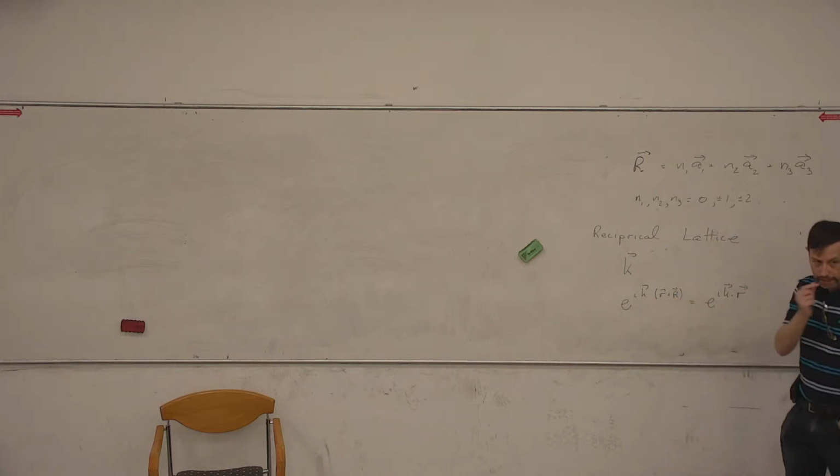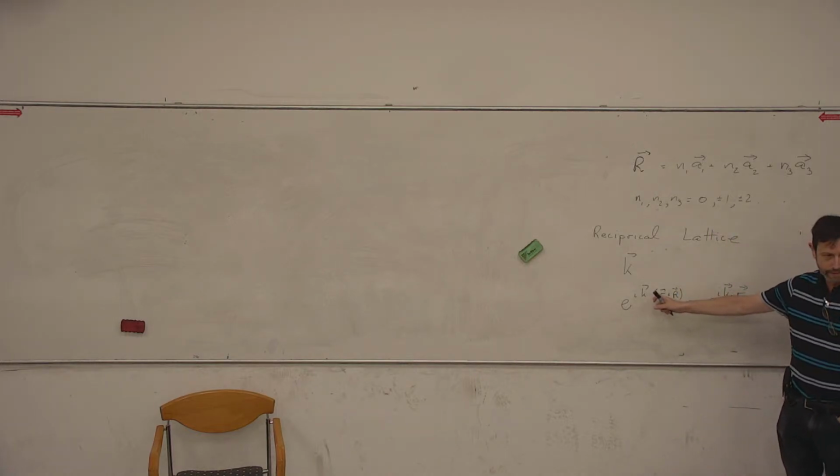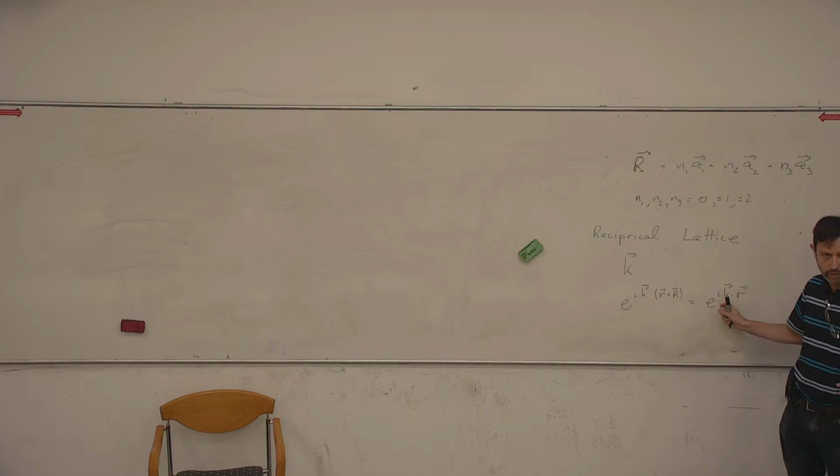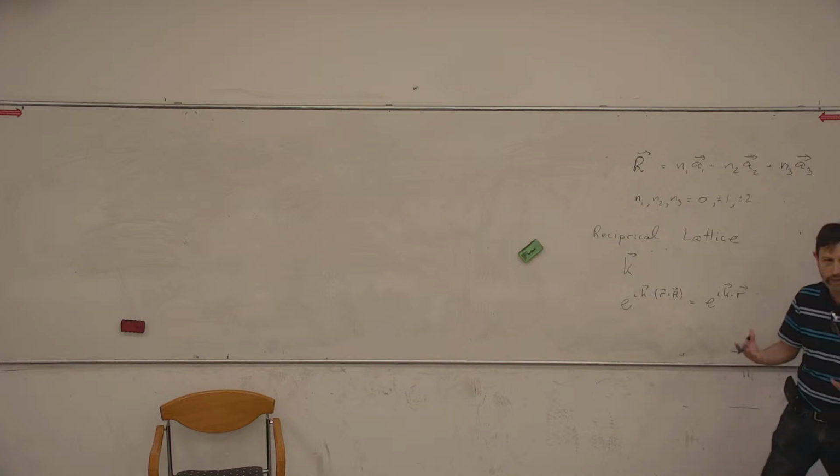Okay, since I have vectors, k dot r is just some point r, not necessarily a point of the lattice, but if I shift it by R, I go back and get the same value. Why is that true? That's a symmetry. That's exactly the symmetry of a lattice.